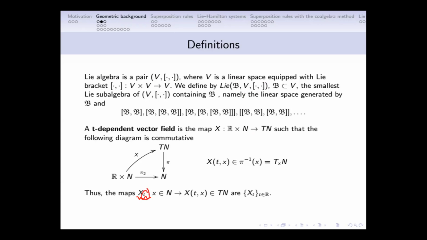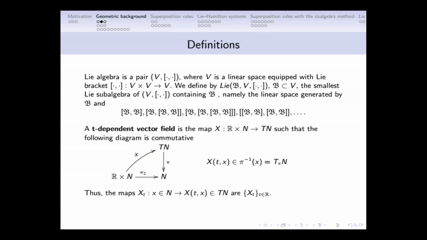So basically, if this diagram is commutative, here in this case we have an extra factor for the time. And if this diagram is commutative, it means that the vector field is like a usual vector field, which is just the anti-image of the usual canonical projection. So these maps can be understood as regular vector fields.